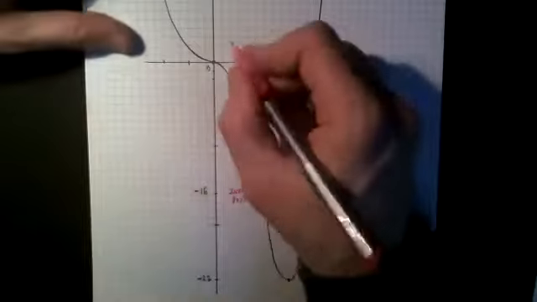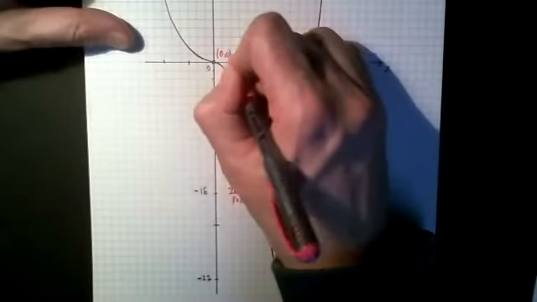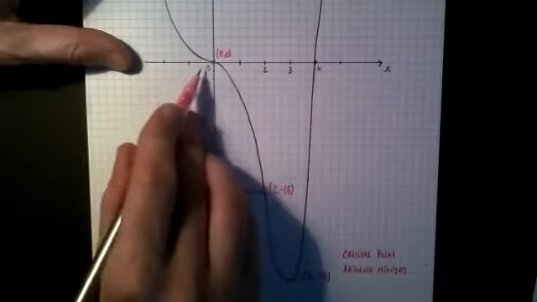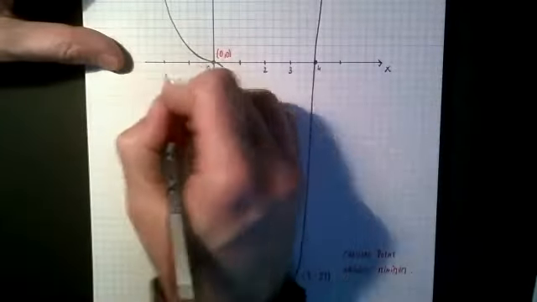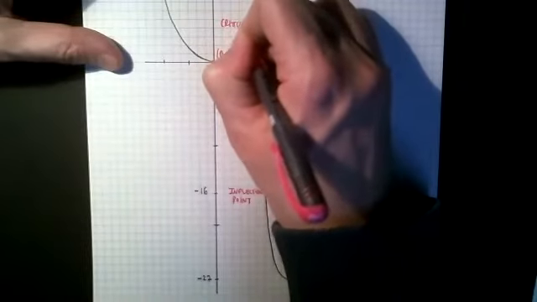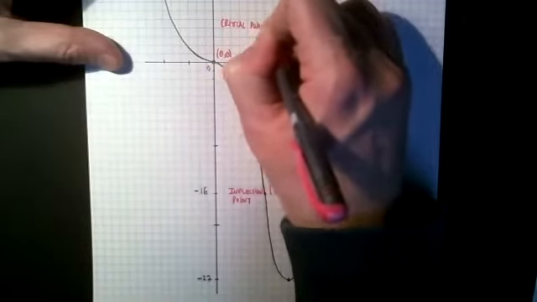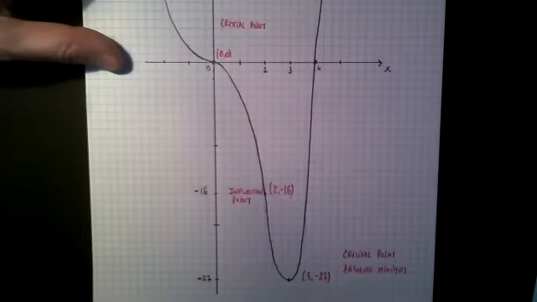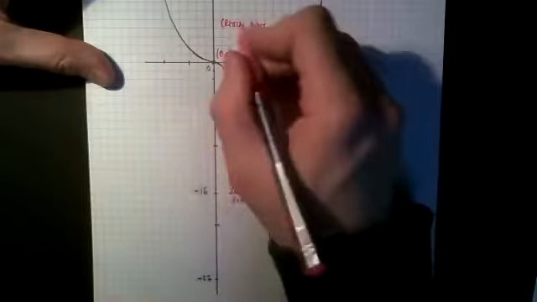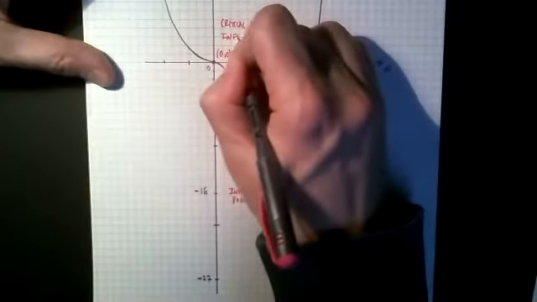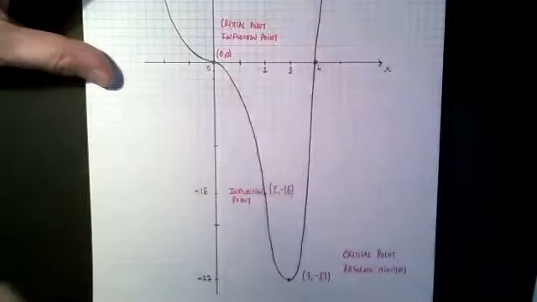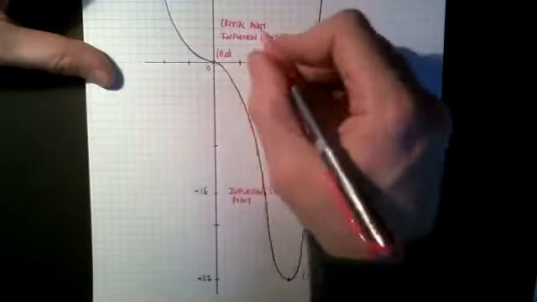This point here, which is (0, 0). So this is what? It is a critical point because the slope is 0. And it's also an inflection point because, as you see, it goes from concave up to concave down. And it's also an x-intercept.